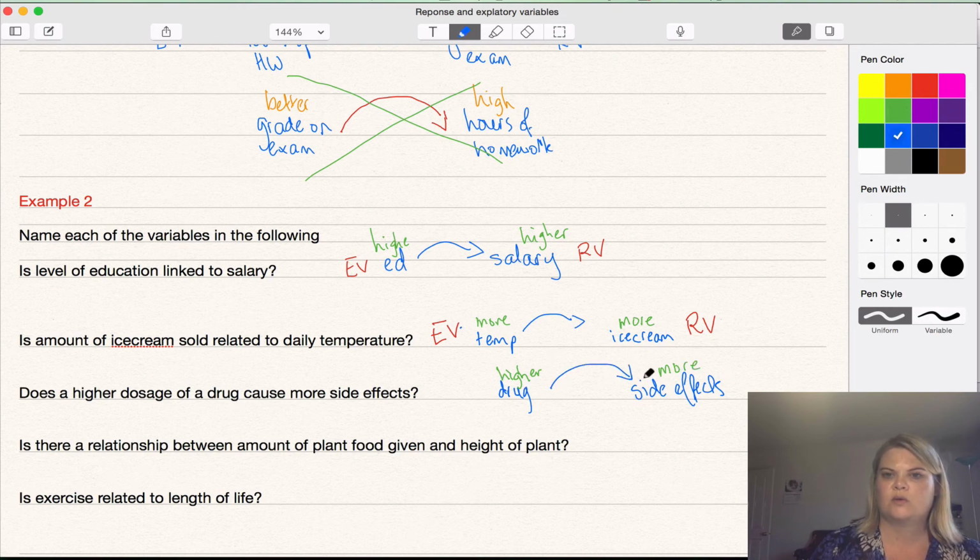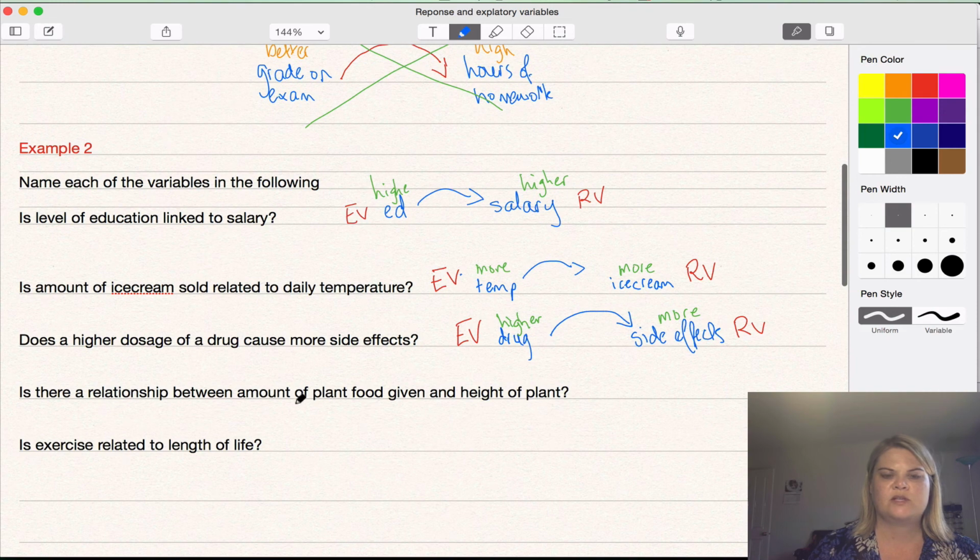More drug causes more side effects. Seems to make sense. Let's just check the other way. More side effects causes more drugs. Doesn't really make sense. Let's go back to the original one. Explanatory and response.